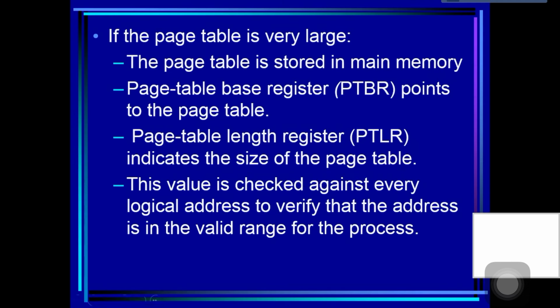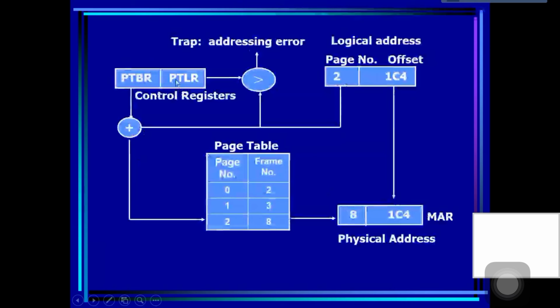And the value is checked against every logical address to verify that the address is in the valid range for the process. So here, these two are the special registers for the paging memory management scheme.